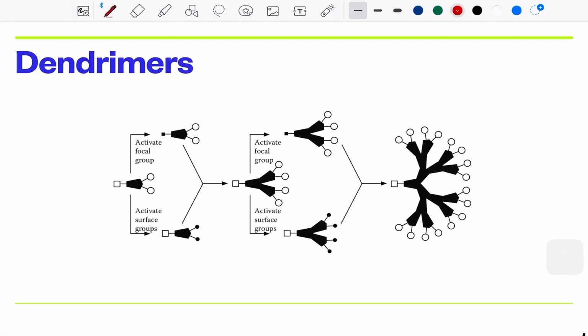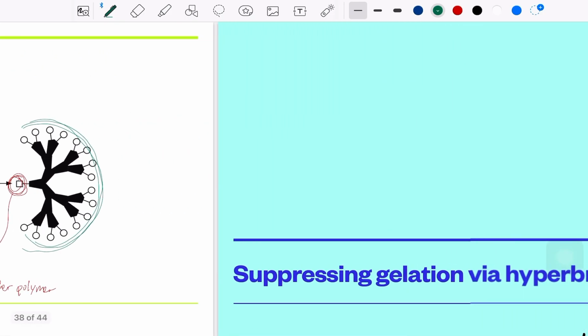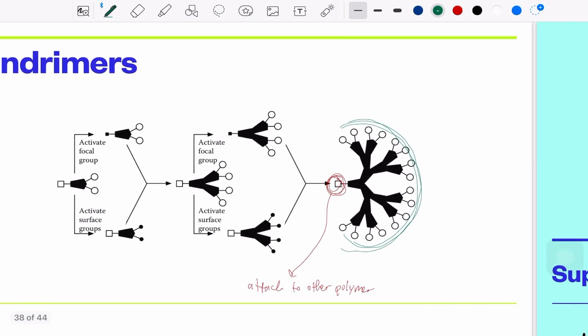So again, on one side maybe we can attach this to another polymer or other molecules, and the other part maybe is going to have certain functional groups here, okay? So that's the dendrimers, okay?